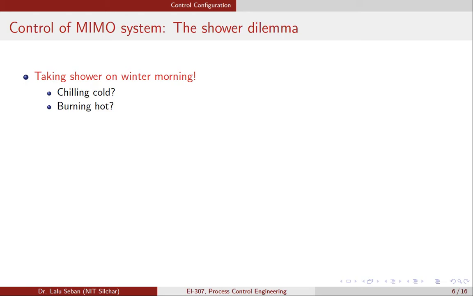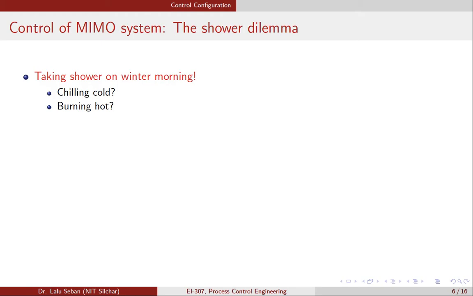What actually happens many a time is that when we adjust the shower valve, mostly we will feel chilling cold, or sometimes it will be burning hot, because we may not be able to adjust the flow of hot water and cold water correctly at the start of the shower. This is a problem which we face most of the time.